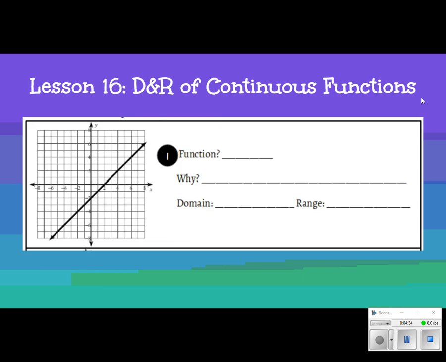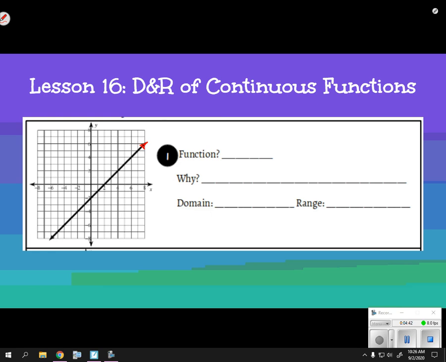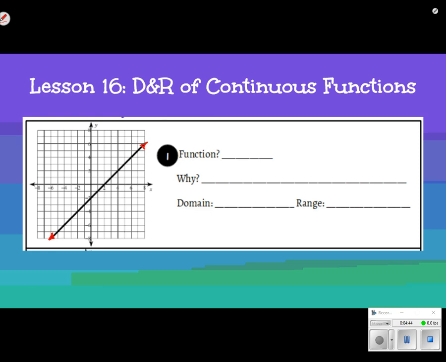We have a graph, a picture graph here, and we have a line, a nice straight line, and if you notice, we have arrows on both ends, okay? The line goes all the way across the coordinate plane, and I just want to tell you that if your line does go all the way across the plane but doesn't have arrows, you're going to assume that it will keep going.